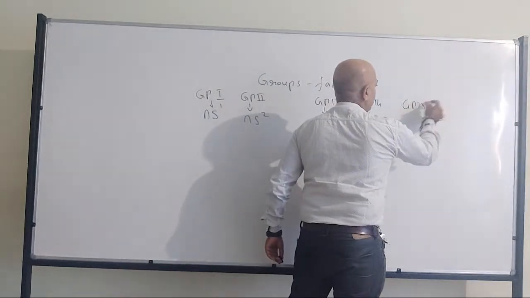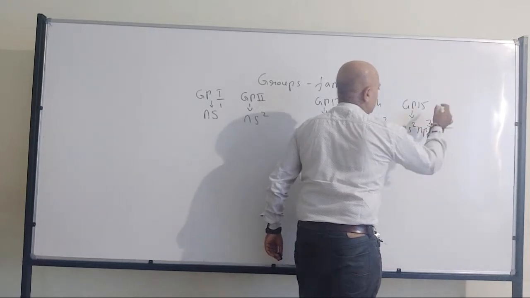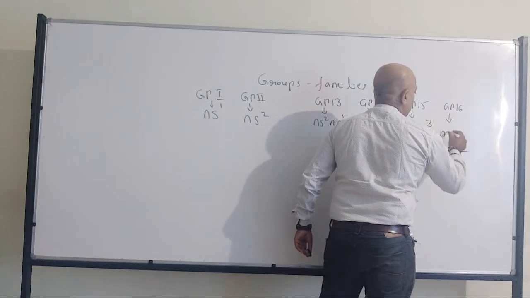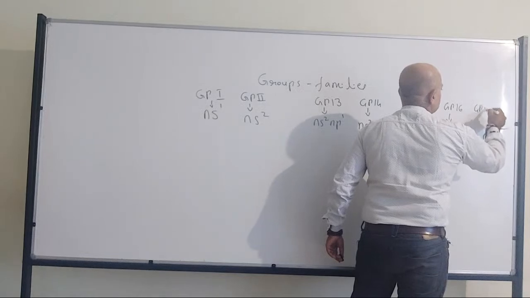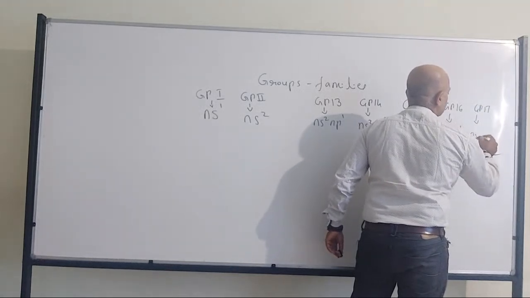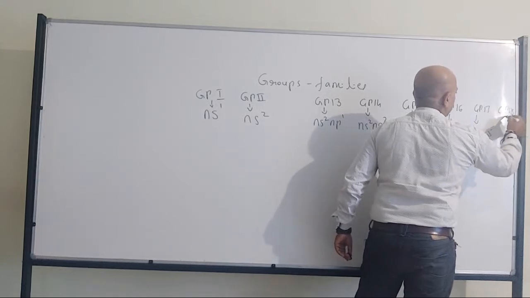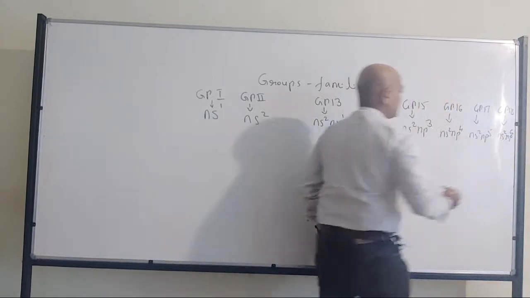Then group 15 has ns2 np3. Group 16 has ns2 np4. Group 17 has ns2 np5. Finally, group 18 has ns2 np6.